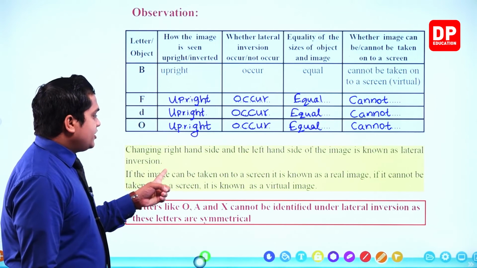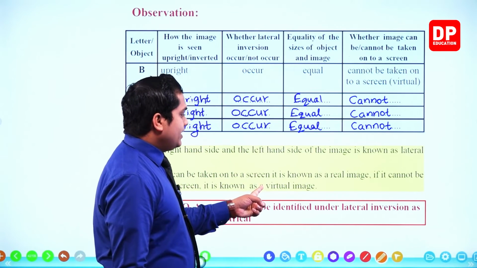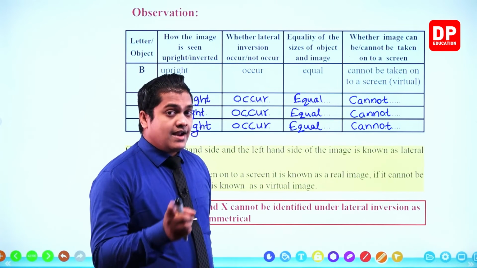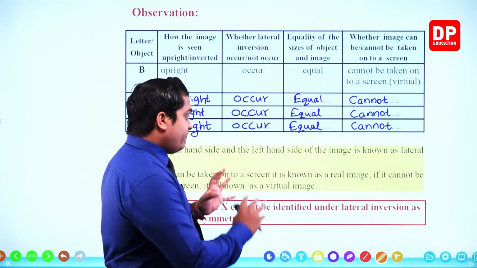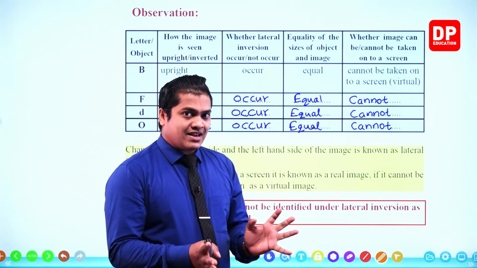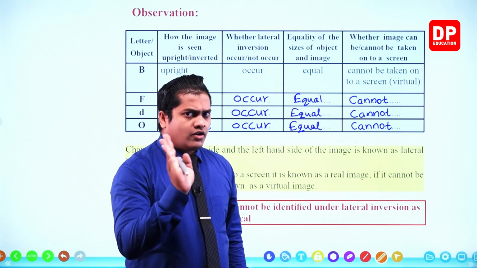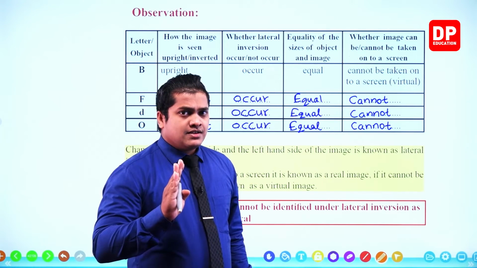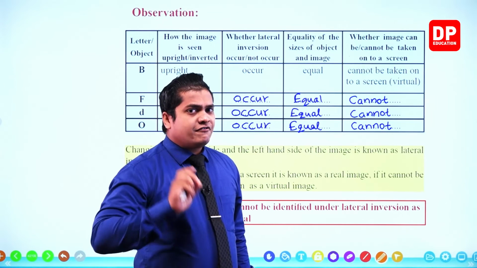Then if the image can be taken onto a screen, it is known as a real image. Then the other thing, real and virtual. If you can take a particular image to a different screen, not the mirror, not within the mirror. This is not talking about the mirror surface. Here we are talking about a different screen.